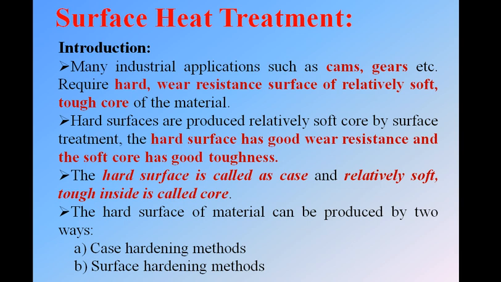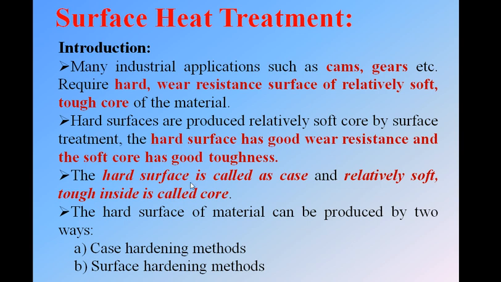That hard and wear resistant surface can be produced by surface heat treatment, and along with it the material must have a soft and tough core inside. The outer part of the material is called the case.